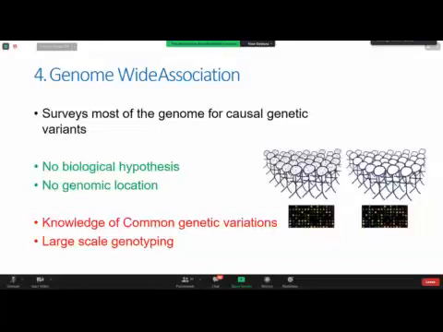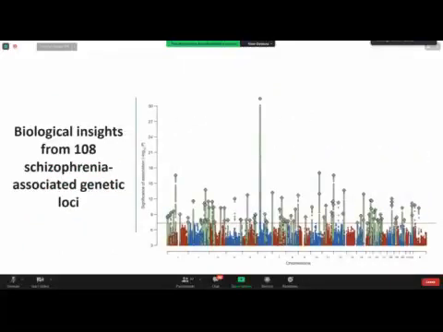The bigger the sample size, the more statistical power we have. For example, this was a study published in 2014 in Nature Genetics. What they did was take 40,000 schizophrenia patients and 70,000 controls, mostly from European ancestry.